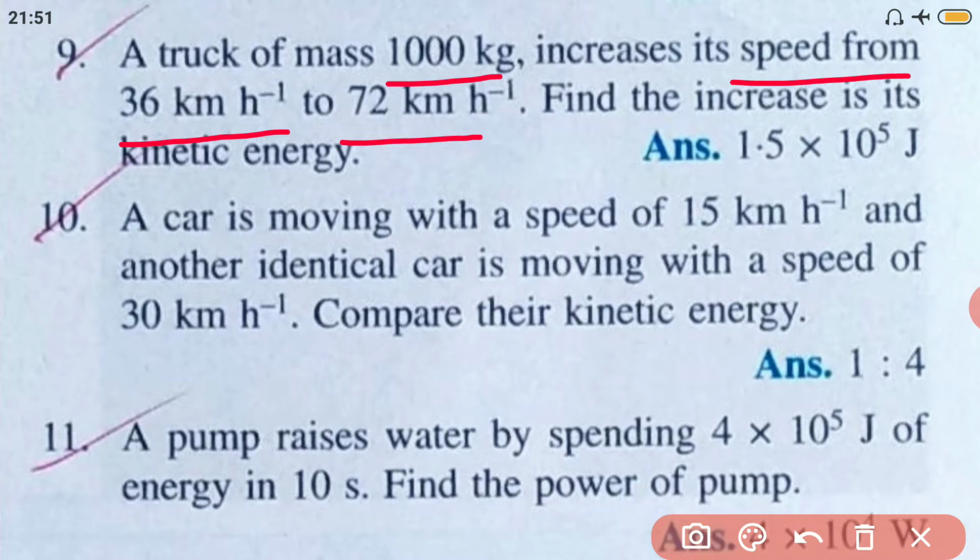Here we are supposed to find the increase in its kinetic energy. If the speed changes, you all know that the kinetic energy also should change. Here the speed is increasing, so kinetic energy also should increase. By how much, we have to calculate. Okay, let us go to its solution.